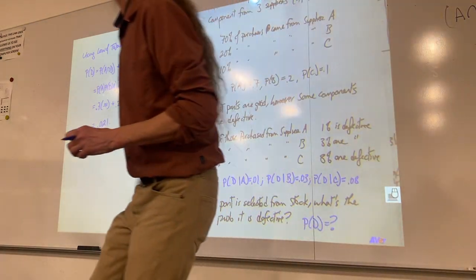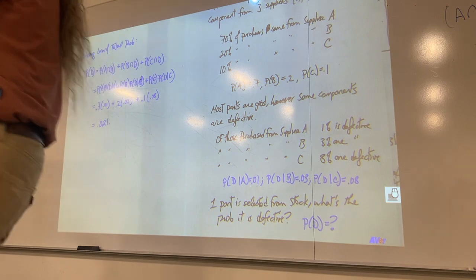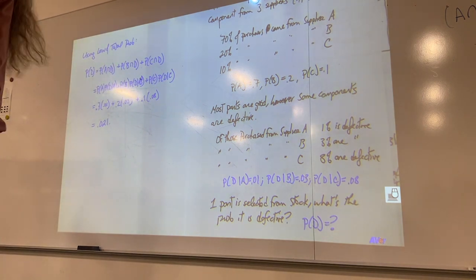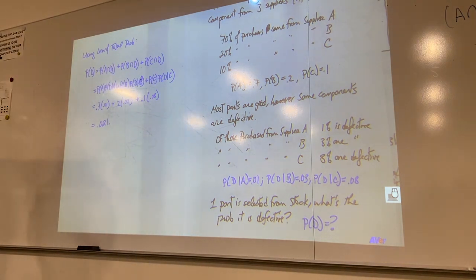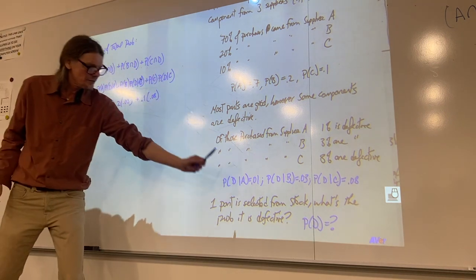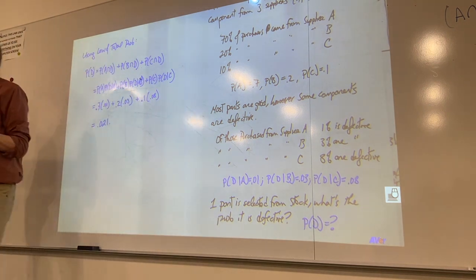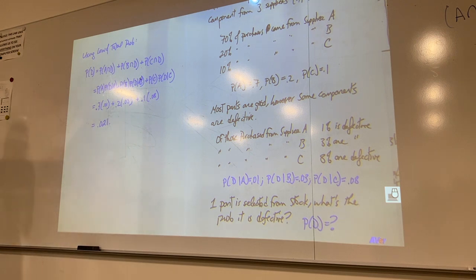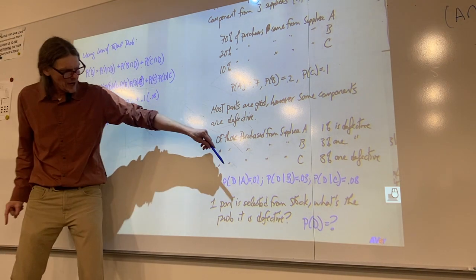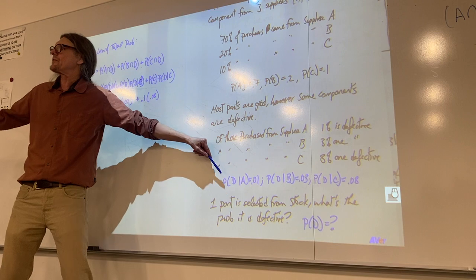Okay, Bayes' rule, we're going to take a break here. We won't have much time left, but here's what Bayes' rule does. Every time, this is how you identify it. Bayes' rule changes the conditionality from being based on the partition pieces to being based on the event. This is, if I buy from supplier 1, the defect rate is this.